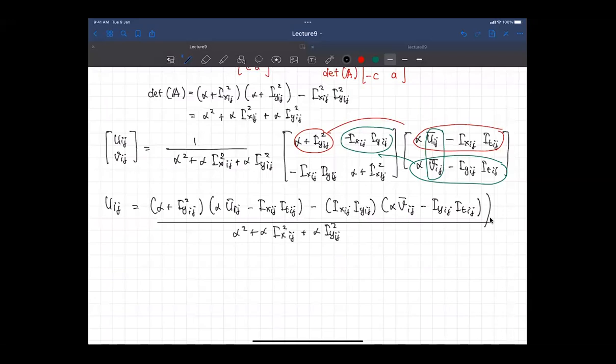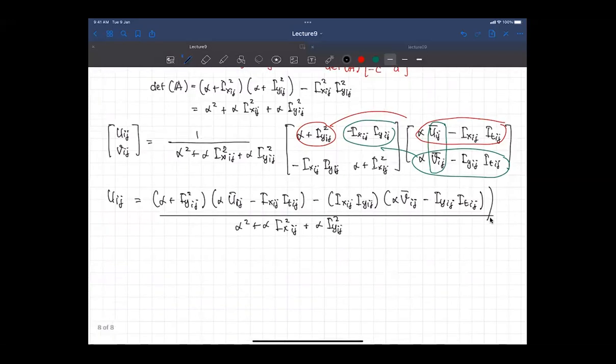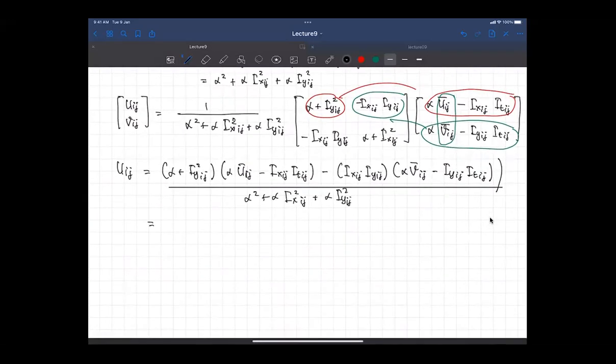Okay, so this one you have to do the multiplication, quite complicated. I'll just skip that because it's very simple manipulation. So you end up with alpha squared u average ij minus alpha Ixij Itij plus alpha Iyij squared uij minus alpha Ixij Iyij vij.